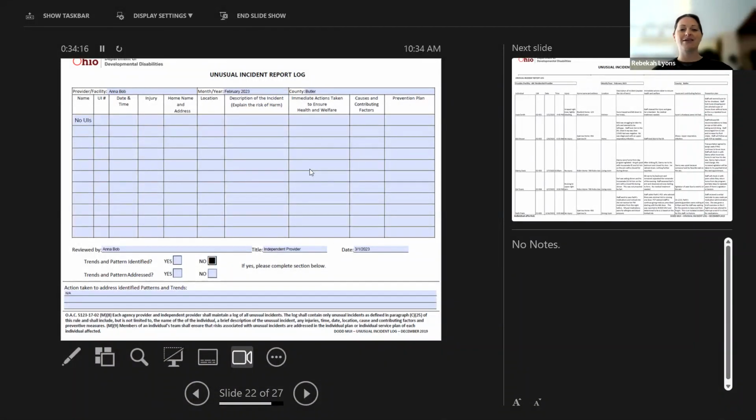DODD has clarified that we're not just checking that there were no UIs, we're checking the system. So maybe there were none in February, but we want to make sure that if there are any in March, April, May, you know the process to take and what to do. So each and every month you need to do a form that meets the requirements, signed, dated, and completed similar to this.